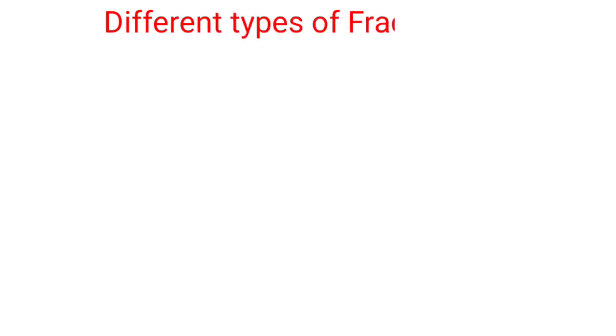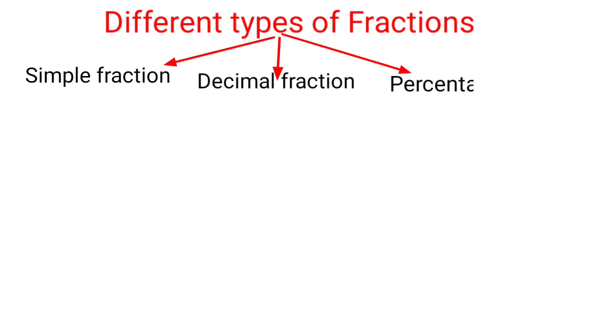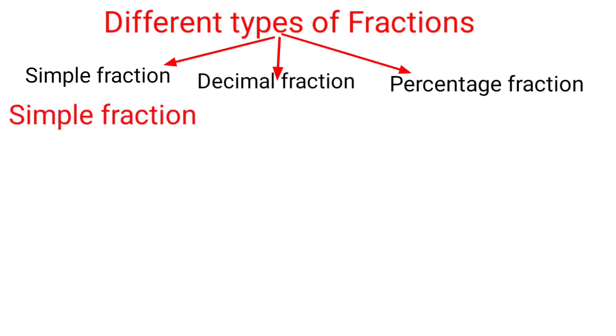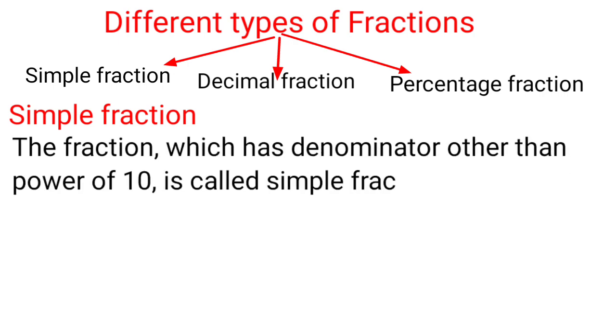Next, we will learn about different types of fractions. Actually, fractions are of three types. The first one is simple fraction, the next one is decimal fraction, and the third one is percentage fraction. Let us consider simple fractions. Simple fractions are fractions whose denominator is other than a power of 10.